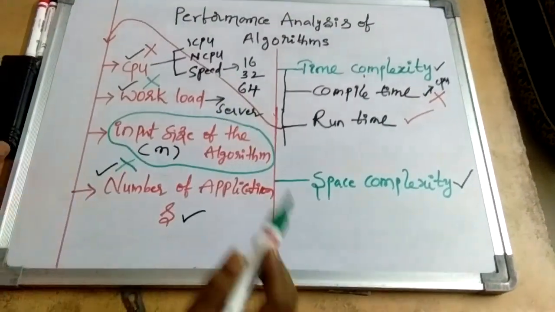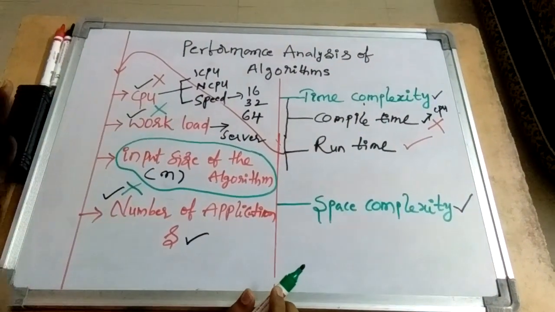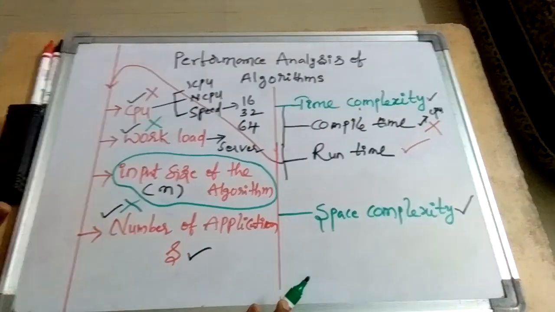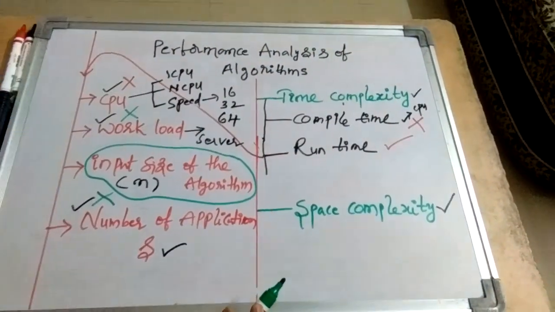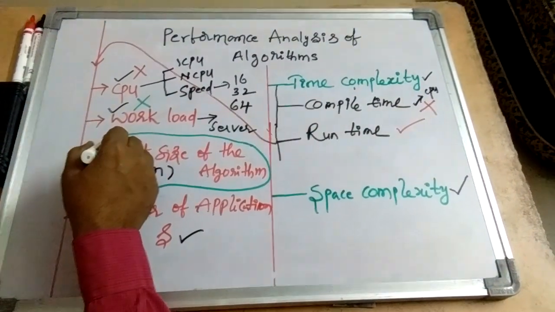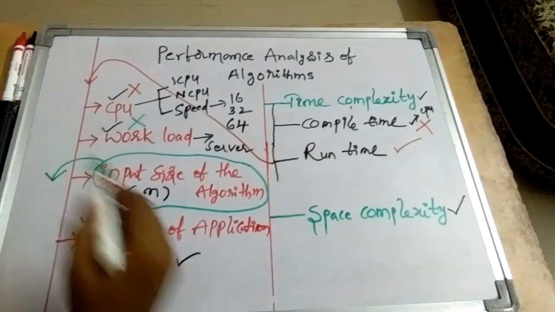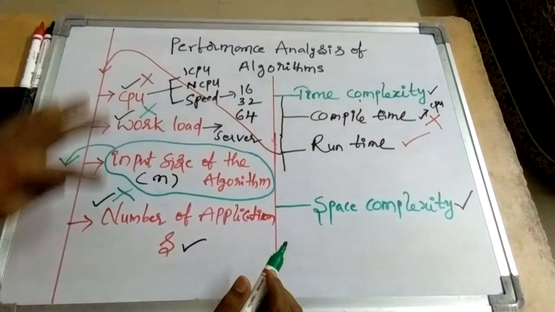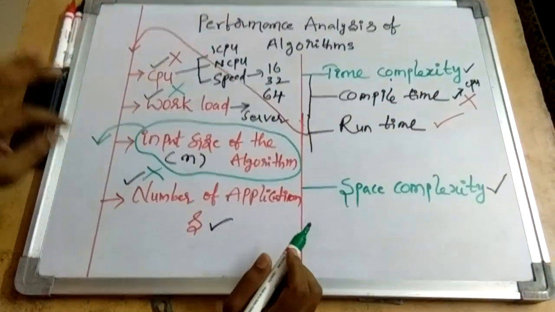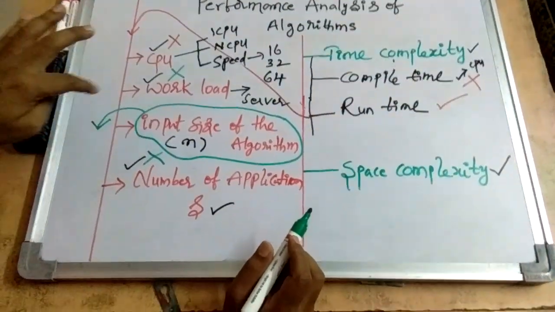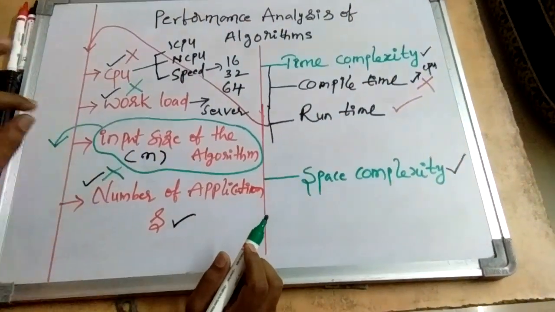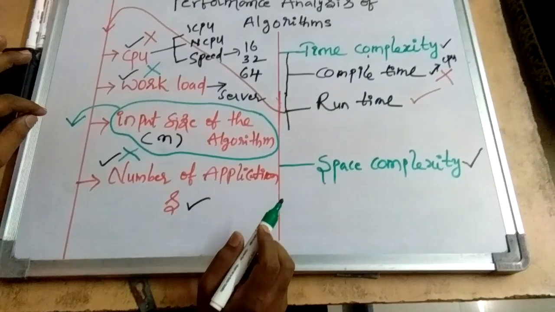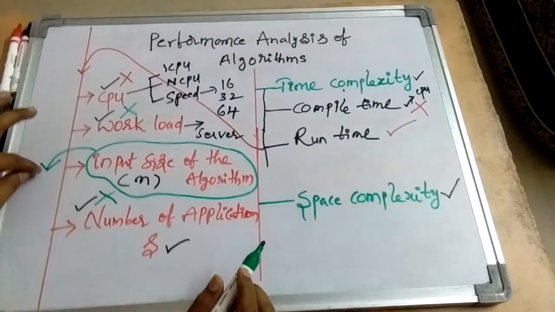In such a case, we will be focusing only on the input size of the problem, which is the only issue we will focus on in order to derive the time complexity of a given algorithm. So in order to make the time complexity independent of CPU, workload and number of applications, I want to make it dependent on the input size of the problem.